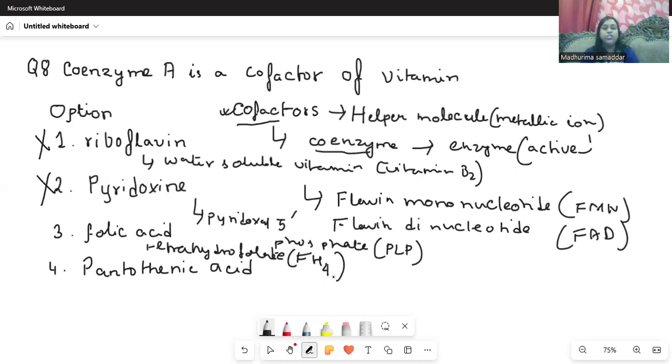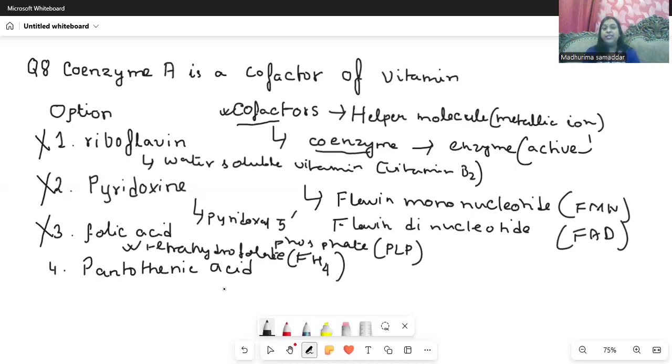It is very essential. It acts as a cofactor, helping those enzymes which are required for DNA and RNA synthesis. So here the cofactor is tetrahydrofolate, not coenzyme A. So this option is also wrong. So the only option left is pantothenic acid.